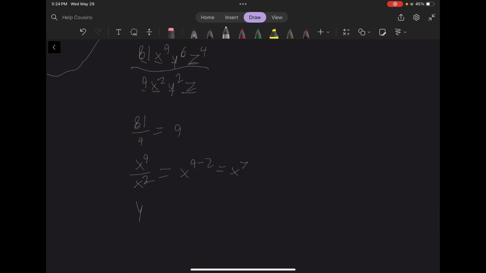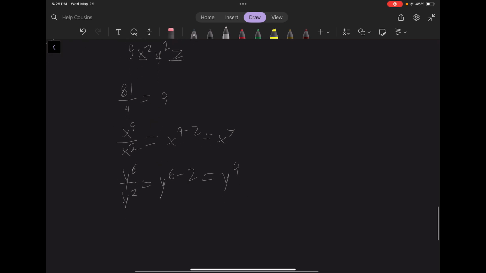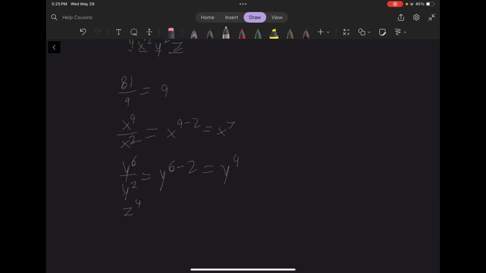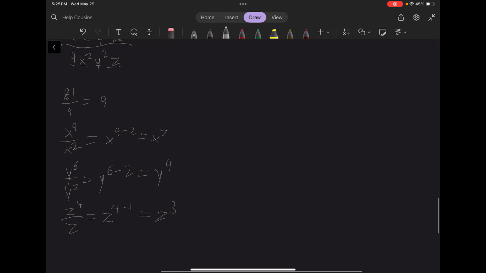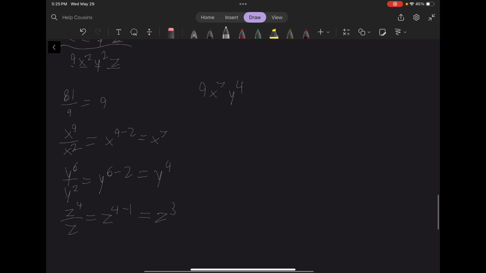We have y to the 6 over y squared, which will be y to the 6 minus 2, which will be y to the 4. And then z to the 4th divided by z, which will be z to the 4 minus 1, which will be z to the 3. And we just rewrite our answer to be 9 times x to the 7 times y to the 4th times z to the 3. Final answer.